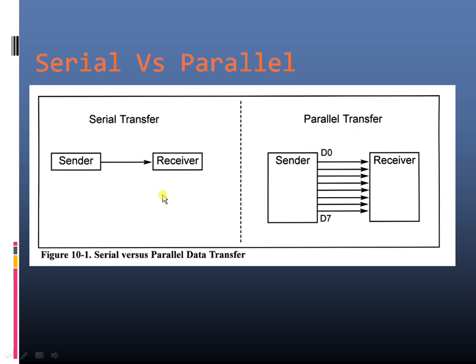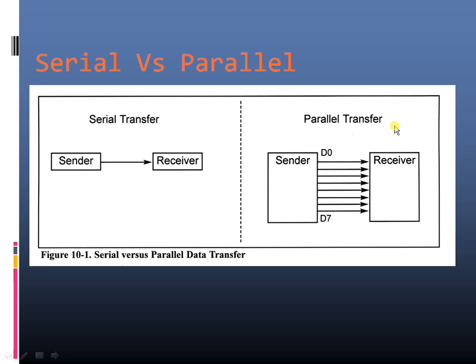When it comes to the advantages of serial communication, the implementation is very simple, and the cost of implementing it is very low. But in parallel communication, the speed of transfer is very high compared to serial communication. The drawback of serial communication is that the speed of transfer is very low; it takes much time to transfer the data.